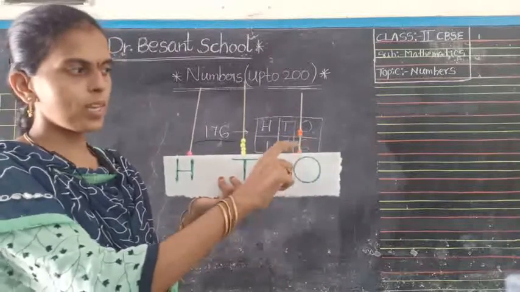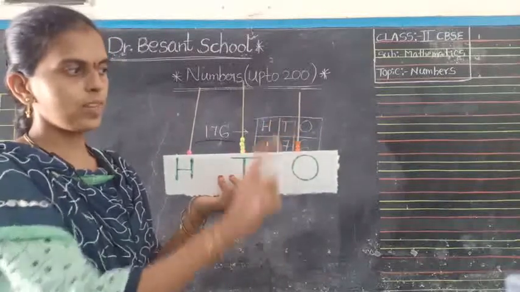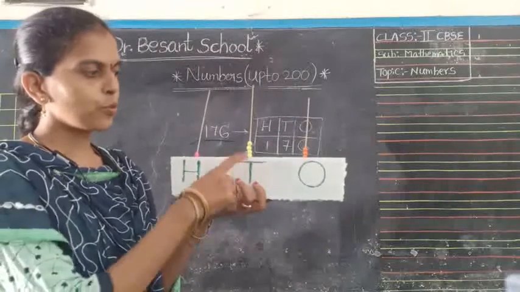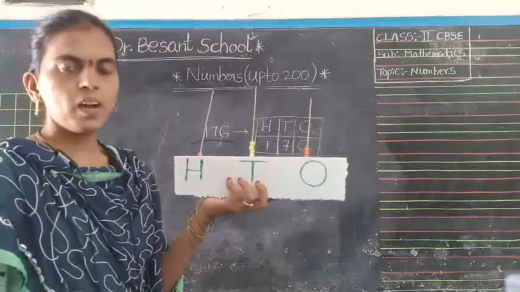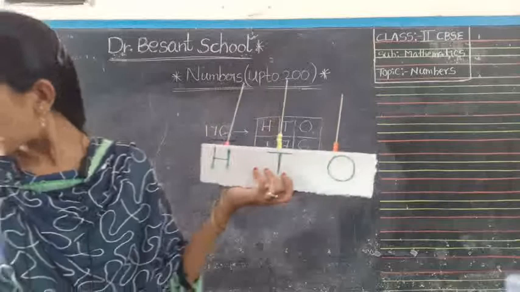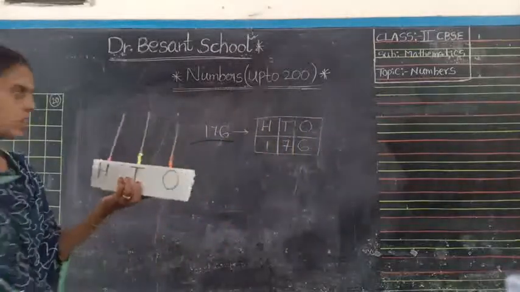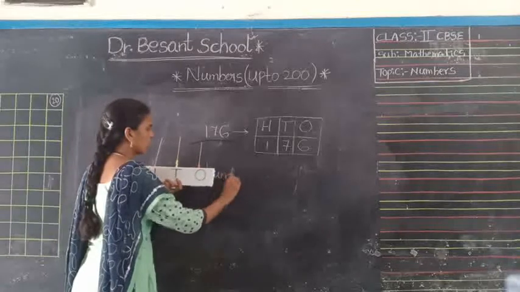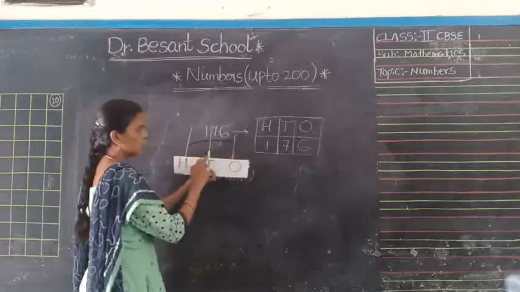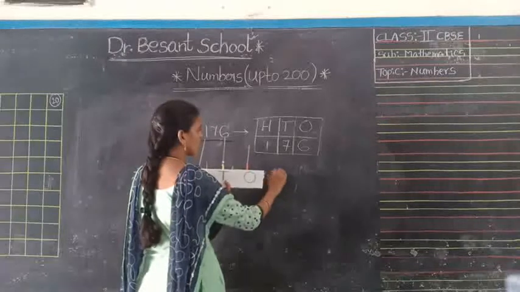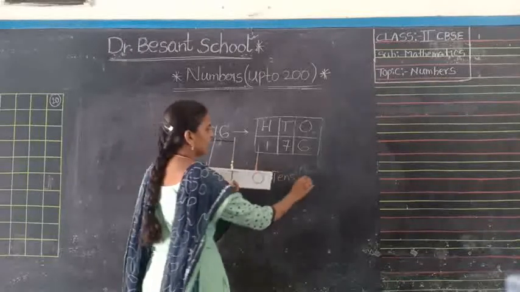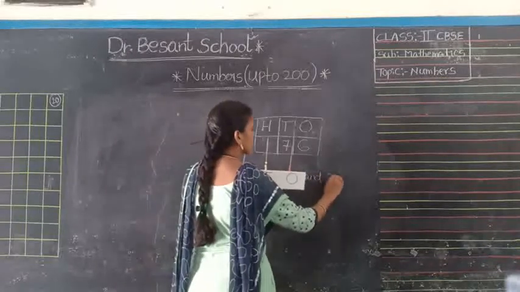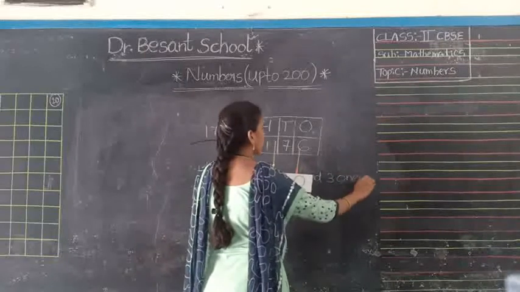How many ones? 1, 2, 3. 3 ones, 4 tens and 1 hundred. How will a number be formed? By writing first 100, 4 tens and 3 ones. Yes or no?